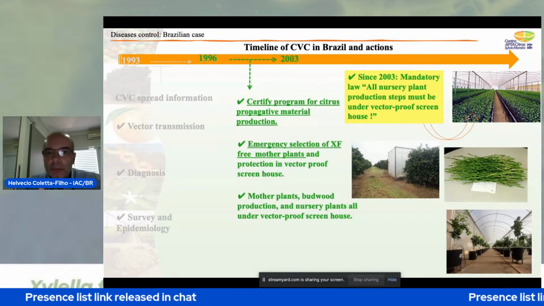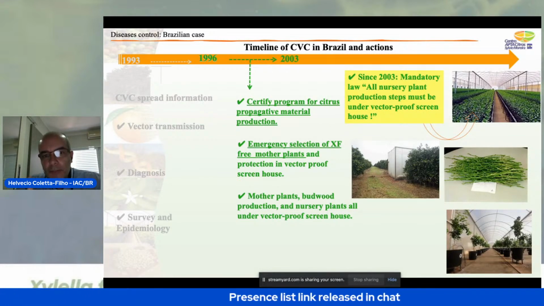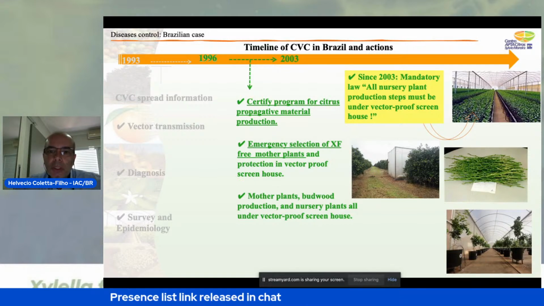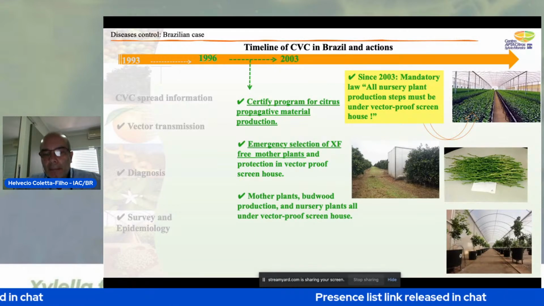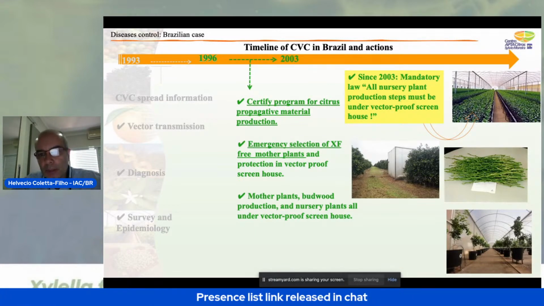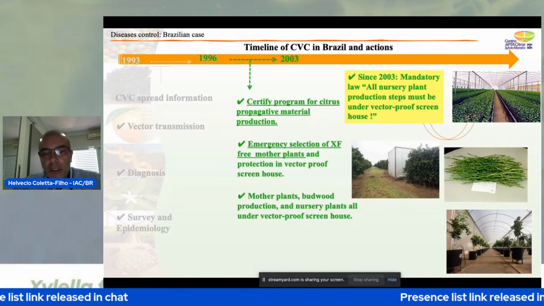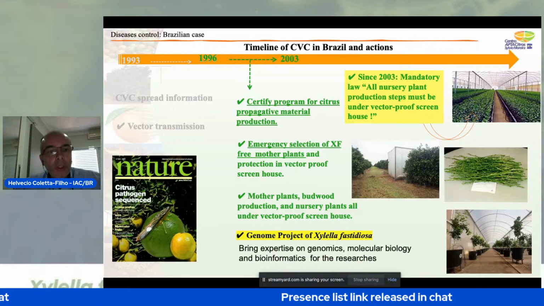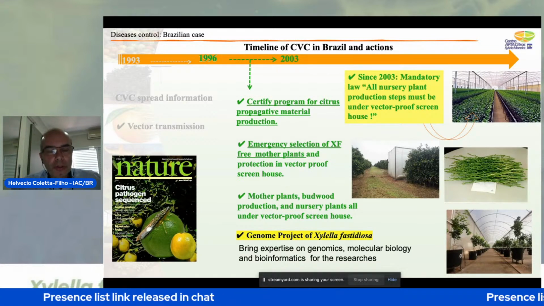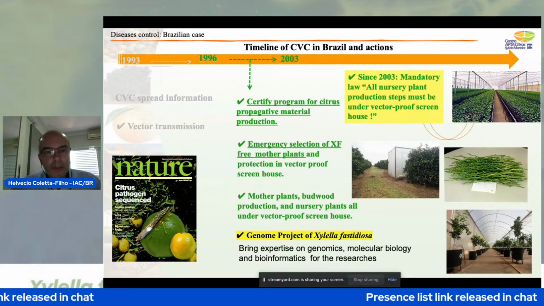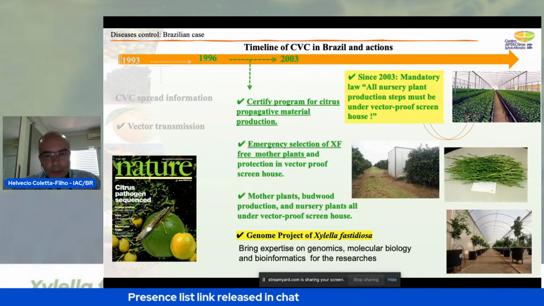All nursery plant production and vegetative materials must be under a greenhouse-proof system that is frequently checked for the absence of the bacterium Xylella and other citrus pathogens. At that time, around 2003, CVC was a huge problem in São Paulo.